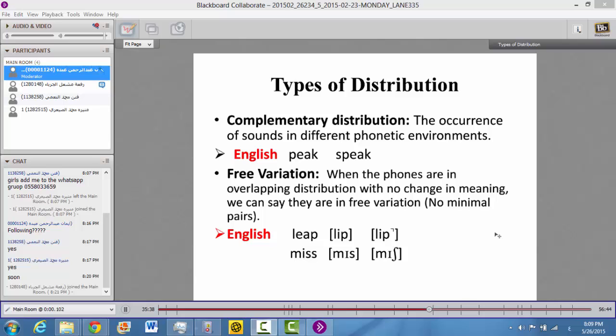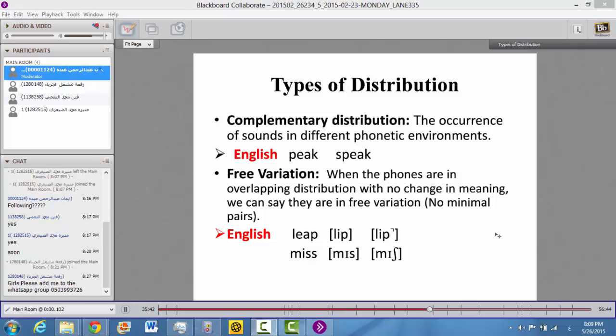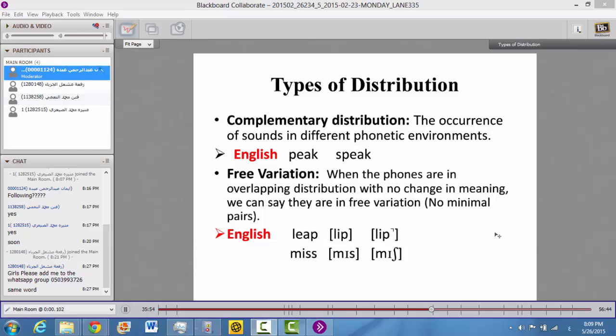Not sa, but sha? Are you giving a new word by saying miss as mish? When I say I miss you or I mish you, am I changing the meaning of the word? It's the same word, the same meaning.